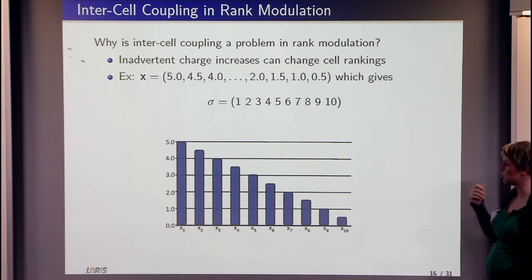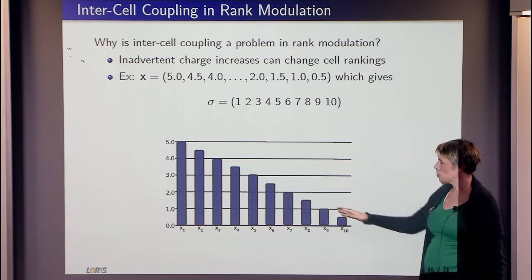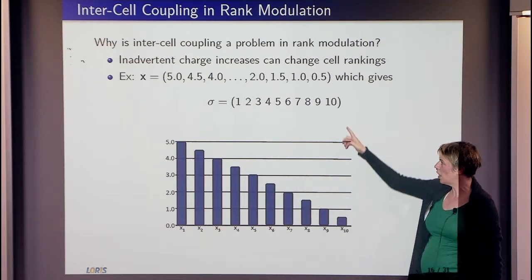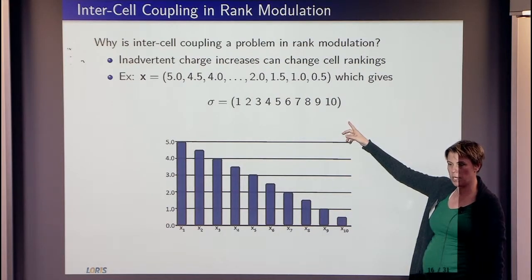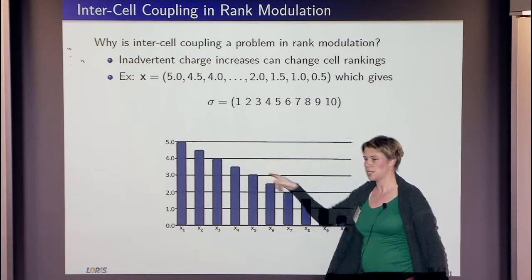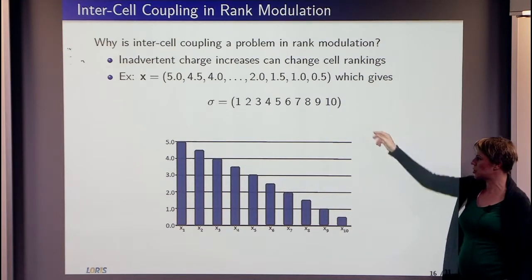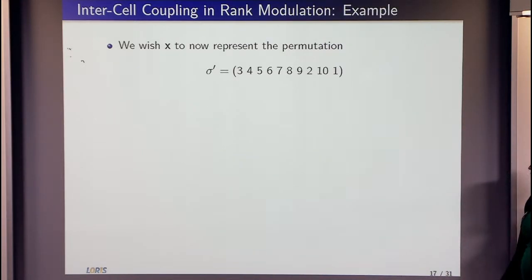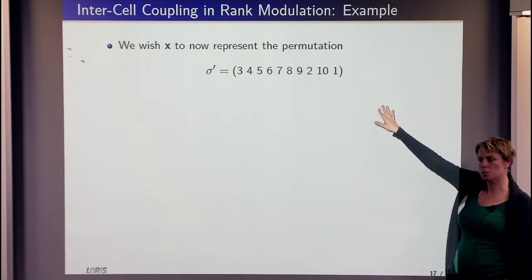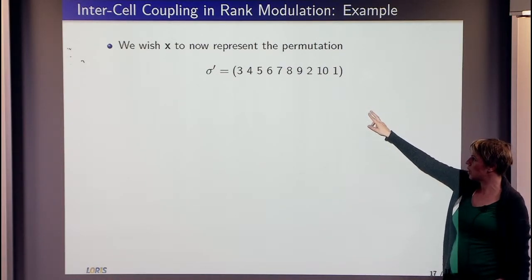Here is an example to illustrate why this is so. Suppose we start with this setup, where our original permutation is 1, 2 through 10, because this one is the highest and this one is the lowest, and they all go down. Now suppose we want to represent a new permutation. How do we do that?